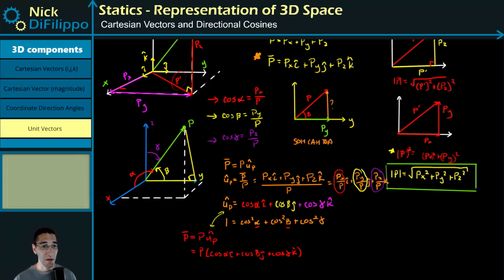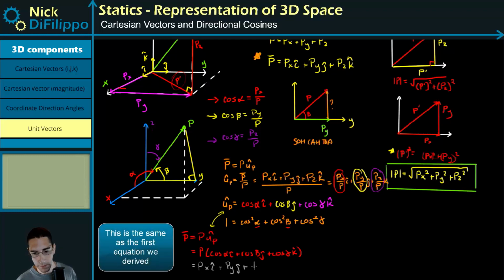Now we're also going to substitute all of these expressions in for the cosine alpha, cosine beta, and cosine gamma. And when we do that, this is equal to pxi plus pyj plus pzk.